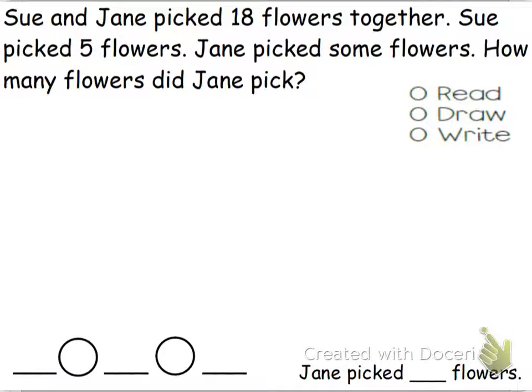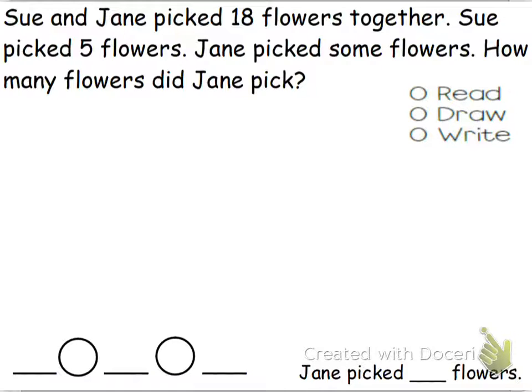We know that we're going to, just like last time, and the time before that, and the time before that, read the word problem first. All together. Okay, so it says Sue and Jane picked 18 flowers together. Sue picked 5 flowers. Jane picked some flowers. How many flowers did Jane pick?